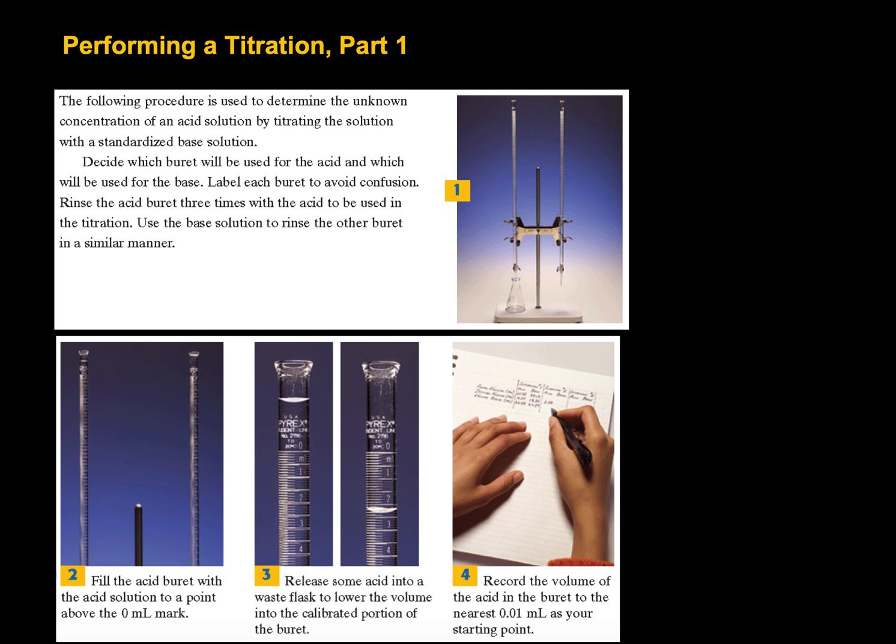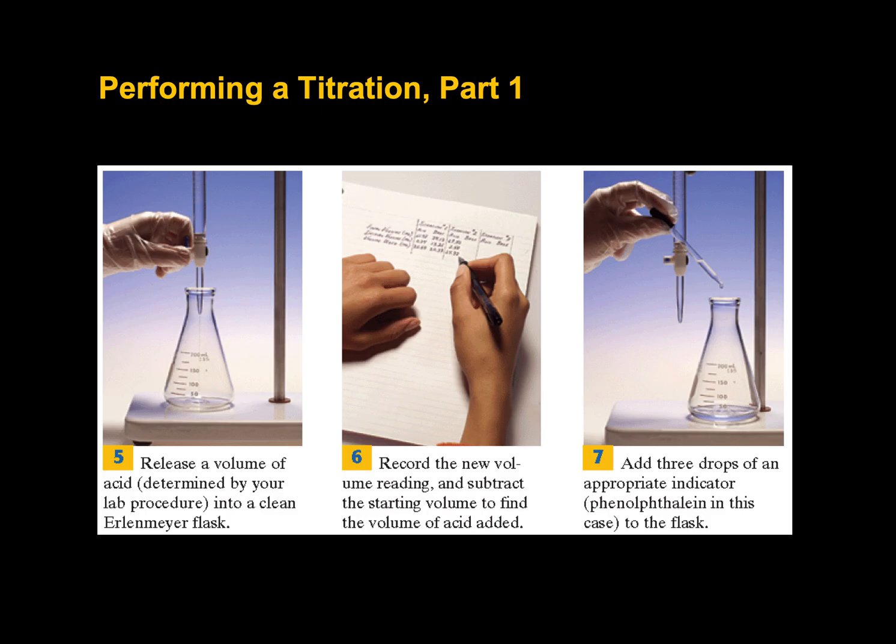Second step, we're going to fill the acid burette with acid solution to a point above the 0 milliliter mark. Number 3, release some acid into a waste flask to lower the volume into the calibrated portion of the burette. Number 4, we're going to record the volume of the acid in the burette to the nearest 0.01 milliliter as your starting point.